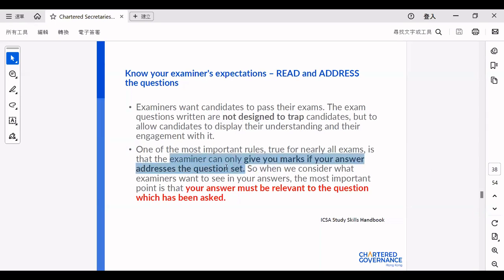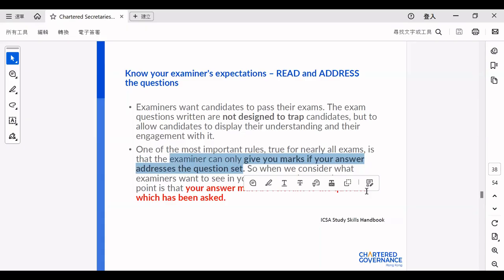The examiner gives you marks if you answer according to the questions. I mean, that is again true for all the topics. The examiners can only give you marks if it is relevant. If you're answering things which are irrelevant, then they cannot give you marks.